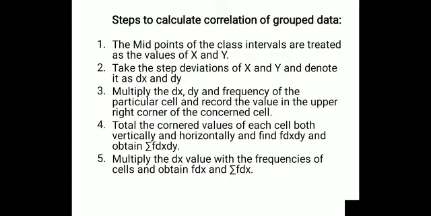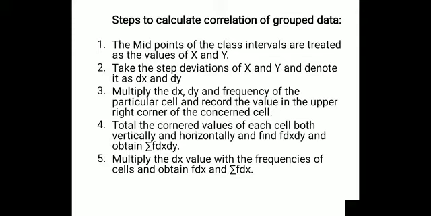Then we have to take the step deviation of x and y and denote it as dx and dy. Multiply the dx and dy and frequency of the particular cell and record the values in the upper right corner of the concerned cell. So this way we arrive at f dx dy. I'll explain these in the problem part.